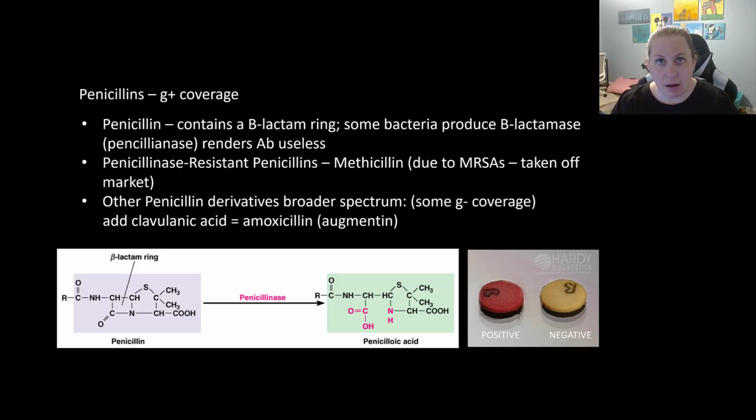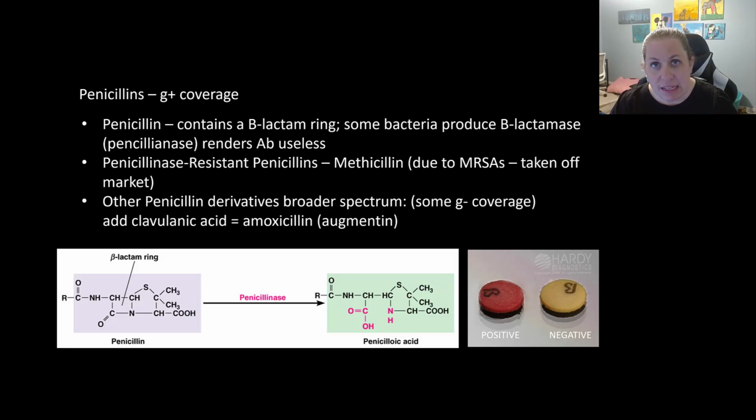Some bacteria, though, actually produce a beta-lactamase, which is an enzyme that breaks down this ring. If the enzyme in the bacteria breaks down this ring, the penicillins are useless. The antibiotics cannot work. This creates a penicillin resistance. They're able to resist it because they can break down the penicillin and make it worthless.